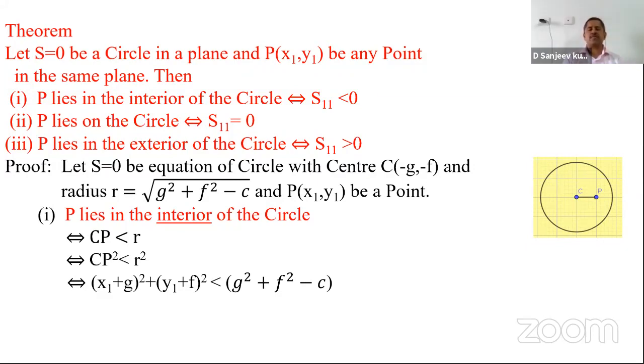So it is simply g² + f² - c. So you can write (x1 + g)² + (y1 + f)² is less than g² + f² - c. So we try to expand this (x1 + g)² and (y1 + f)², and bring this g² + f² - c onto the left hand side. So what is going to happen?